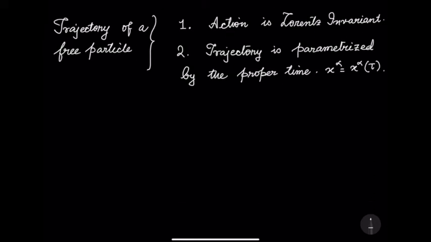Now it looks like there may be a relation between the proper time and the action, because proper time is something that changes with the trajectory, it labels the trajectory, and the action is also supposed to label the trajectory. The action is Lagrange invariant. The proper time is Lagrange invariant.